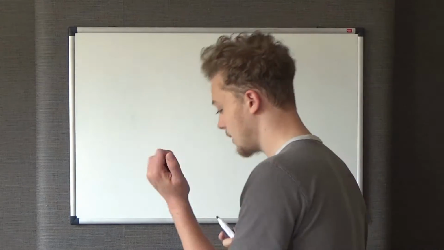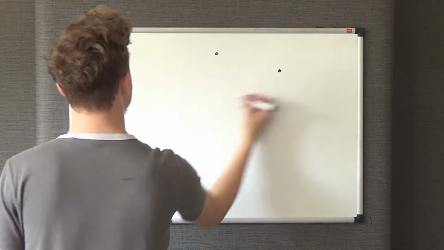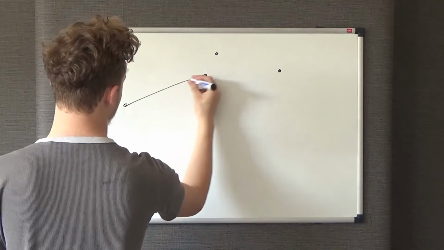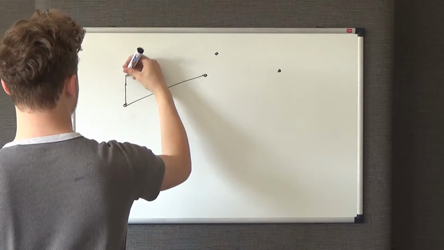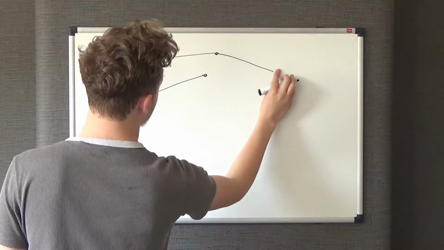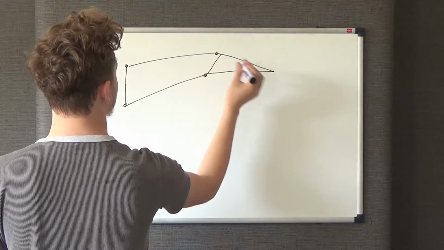So, specifically, let's just hypothesize a graph here. So we've just got a few points. Standard graph, okay. So we've got a graph, and we've got arcs, we've got nodes. It's a complete graph, okay.